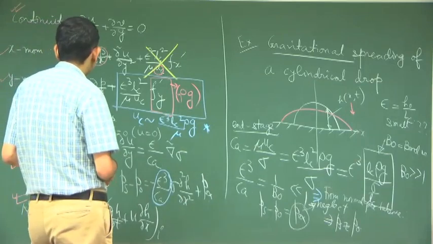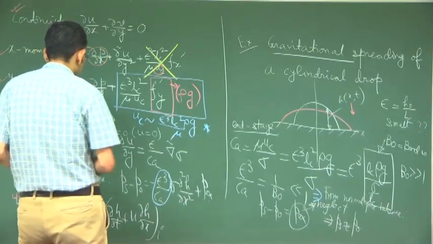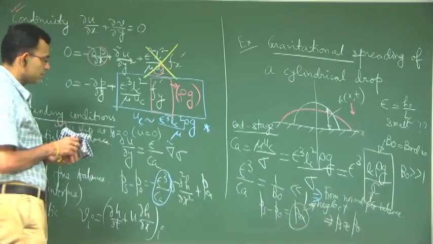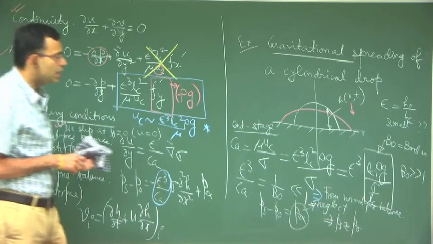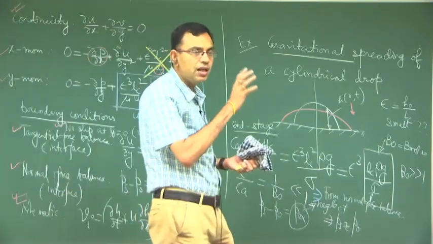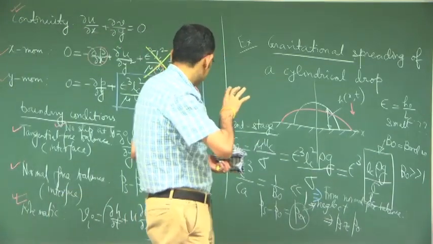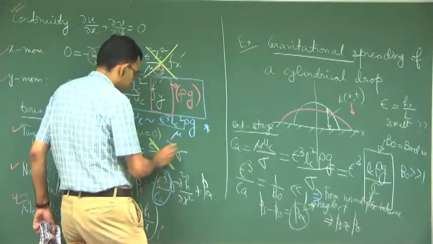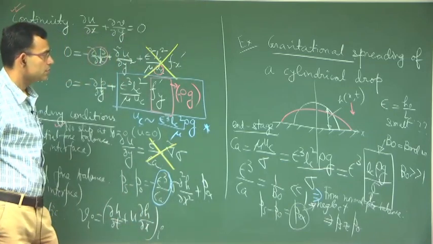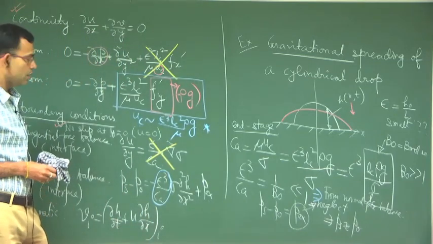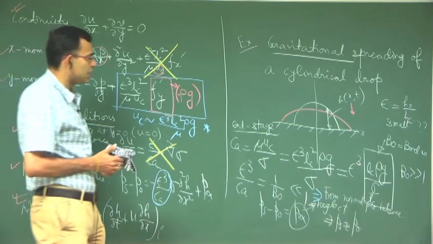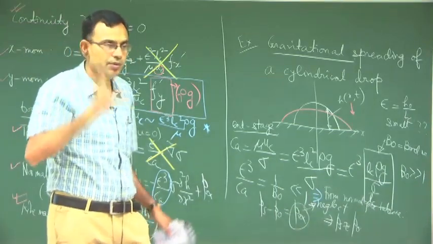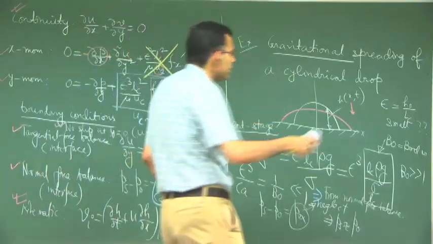Having said that, this is number 1. Number 2 is, in this problem there is no tangential gradient of surface tension, that means this term is also 0. So, with these two considerations, with which equation will we start? We will start with the y momentum equation and integrate it over the film thickness.